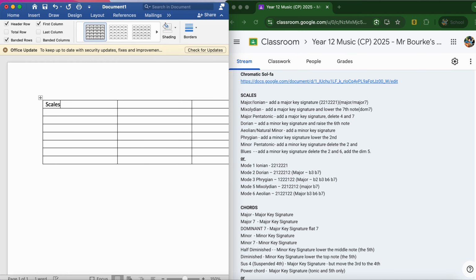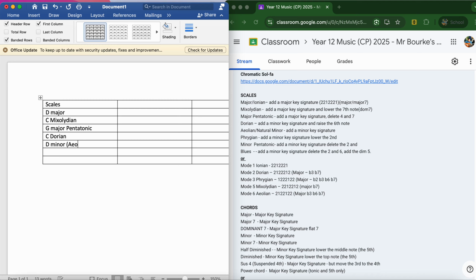So we're going to do a D major scale because that's got 2 sharps, a C mixolydian because that's less than 2 sharps or flats, a G major pentatonic, let's do a C Dorian, we'll change that, let's do a D minor Aeolian.